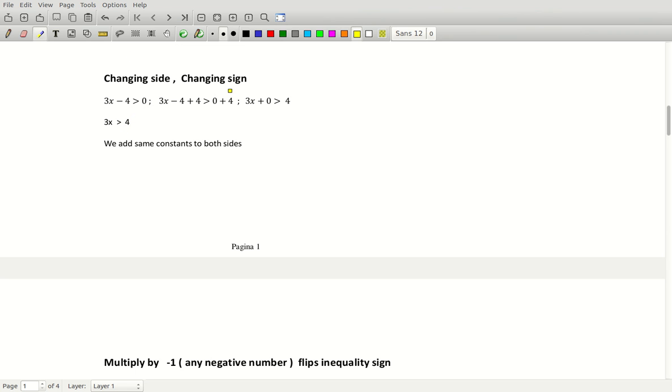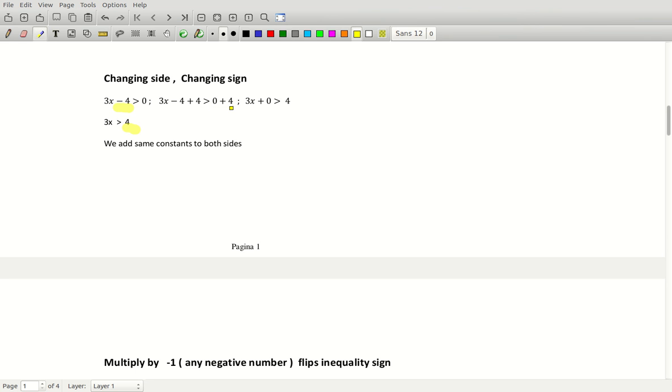Changing side, changing sign. This happens because if I want to change the side of this minus 4 from here to here, I have to change its sign. Minus 4 becomes 4 because I add the same quantity to both sides of the inequality.